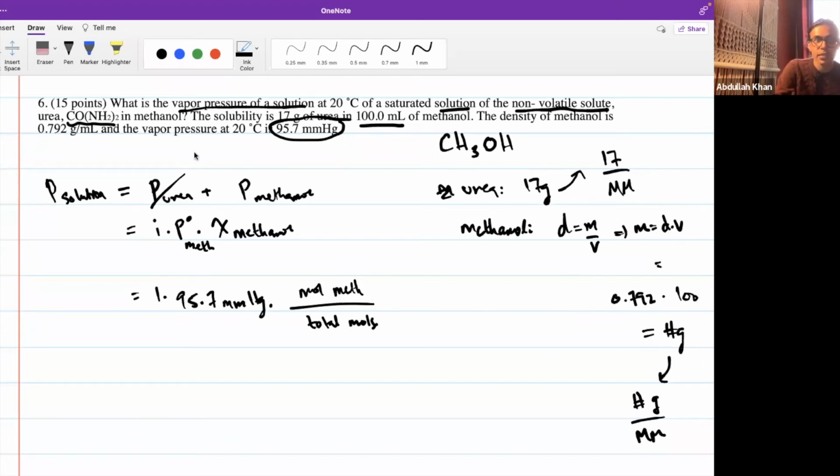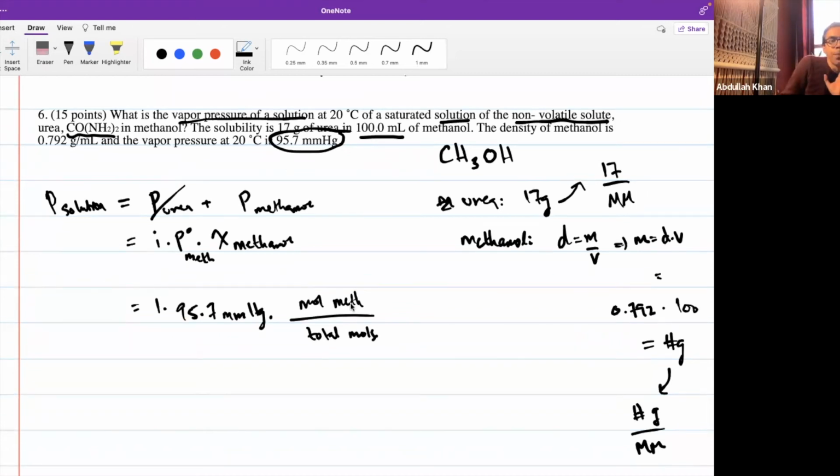Great question. Let's analyze our sig fig stuff here. This has 3 sig figs. Your molar mass will have a bunch of decimal places. So the limiting, the smaller one would be 17, which is 2. Same thing here, I guess. No, here you have more because this is 3 and it's 100.0.